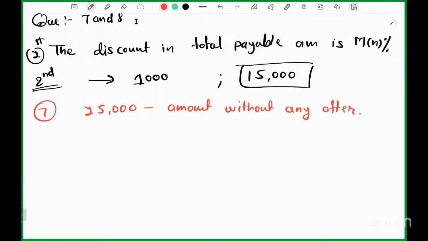If you apply the first offer, then we have to figure out what is the total payment amount, right? And this is mn percent, if the number of products bought at a time is n. So we have to figure out if we bought 5,000 products, then what is that mn percent?